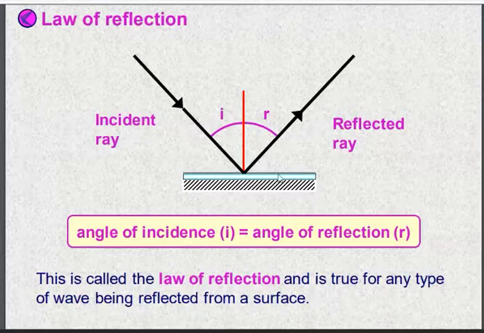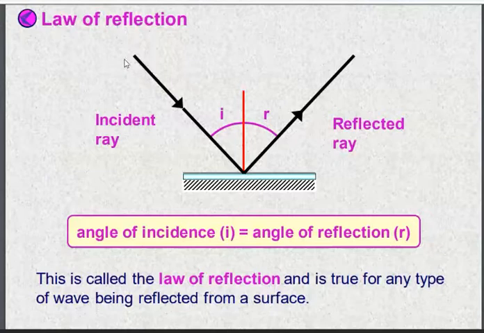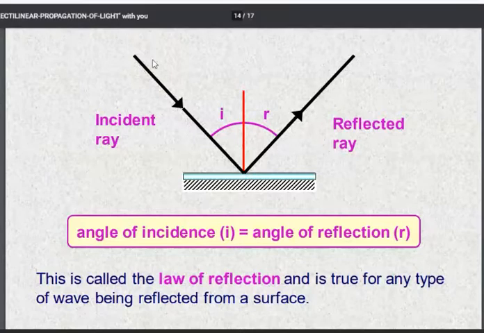So this glass is silvered from the bottom side, and its reflecting surface is at the top of the glass. When a ray of light comes like this, then after reflection, this light will go like this. This ray is called the reflected ray, and this is called the incident ray. The incoming ray is called the incident ray, and this is called the reflected ray.